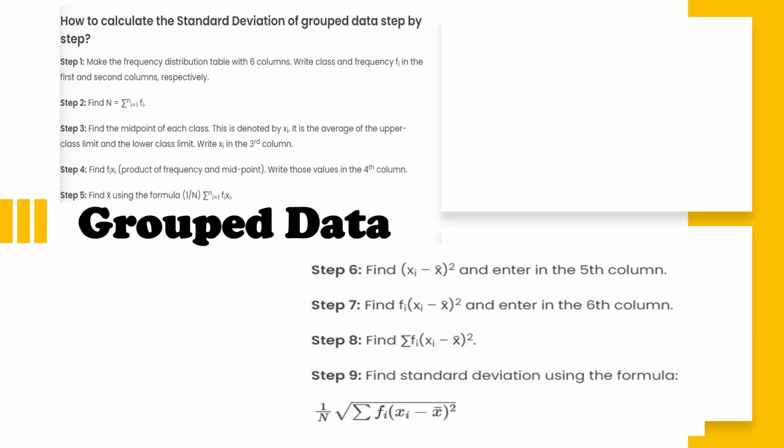And step 8, find the summation of fi times xi minus the mean, squared. Step 9, find the standard deviation using the formula 1 divided by n times the square root of the summation of fi times xi minus the mean, to the second power.